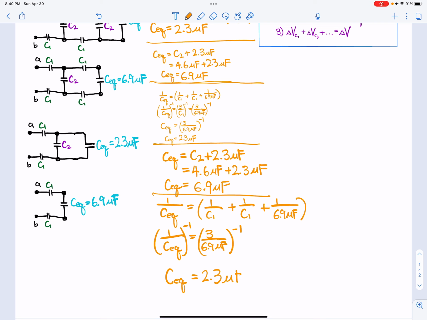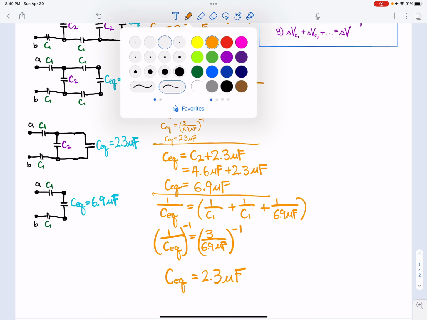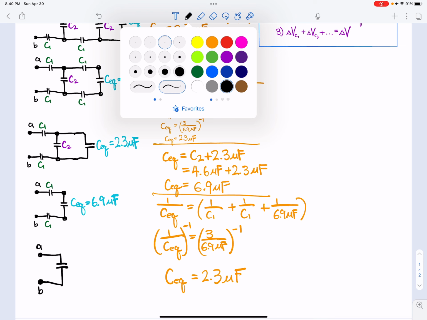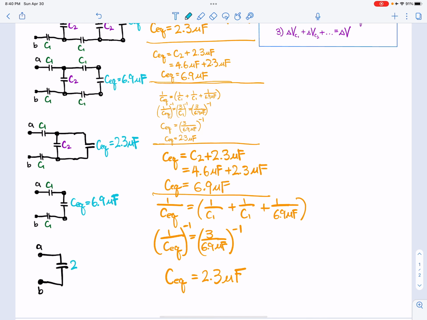Okay. So then for part A, the equivalent capacitance between point A and point B is equal to 2.3 microfarads.